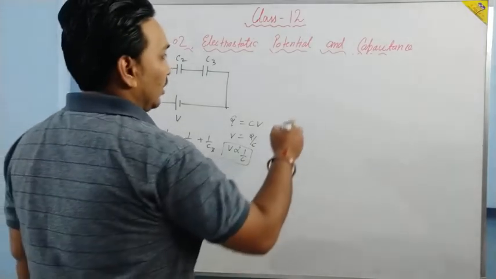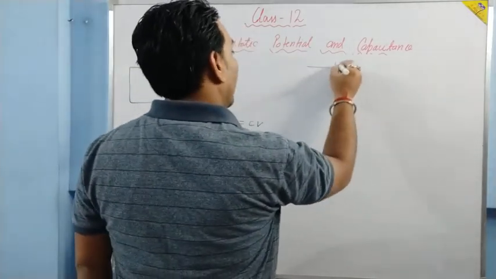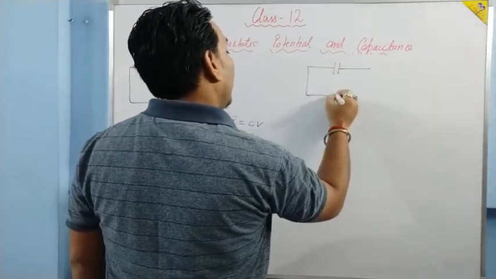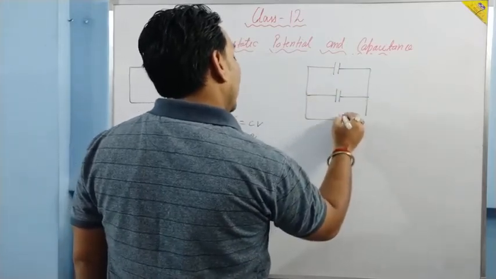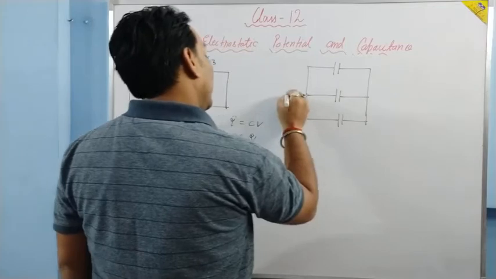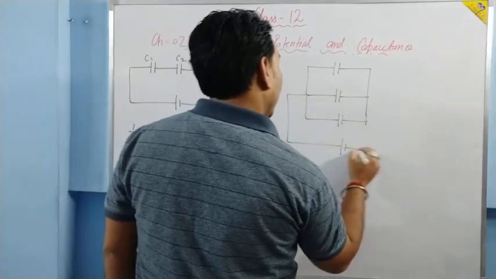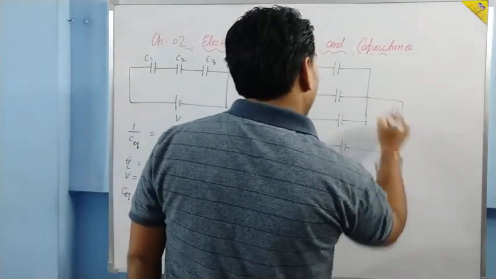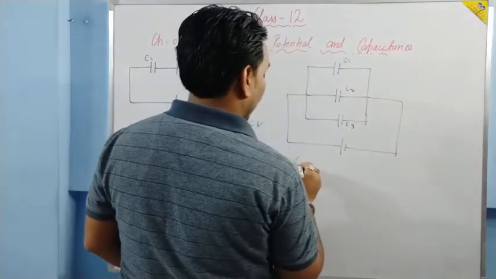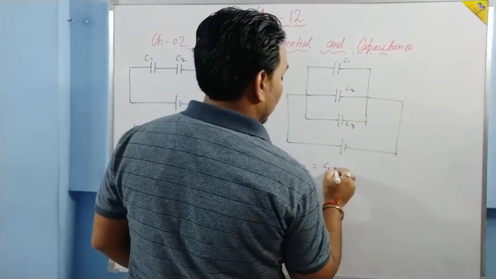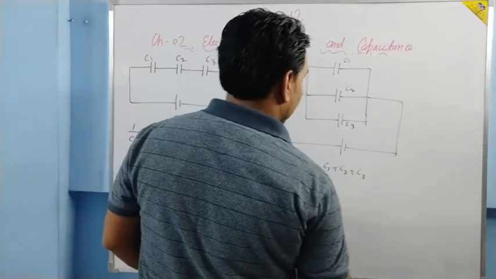For parallel combination, we have studied that if the capacitors are connected like this, then they are said to be in parallel. If this is C1, this is C2, this is C3, then equivalent capacitance is given by C1 plus C2 plus C3.